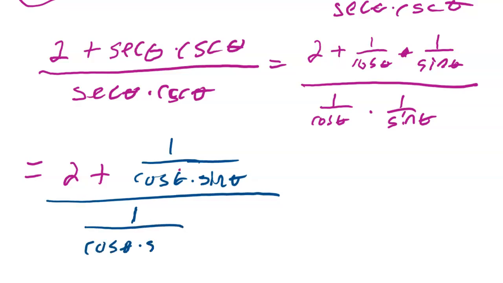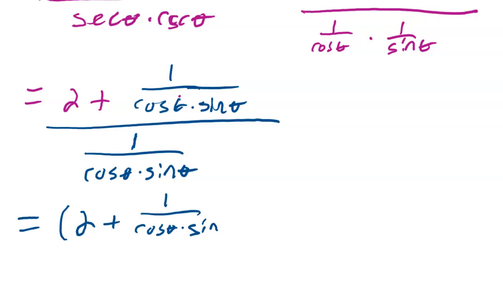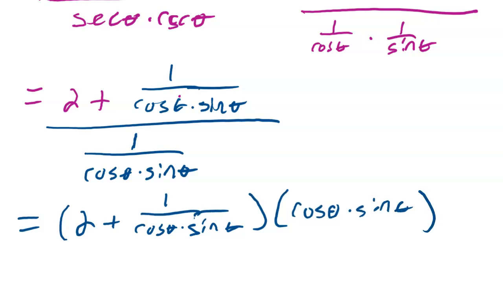I imagine some people would skip that step. And then I'm going to multiply by the reciprocal, cosine theta times sine theta, and then I distribute to each term. I'm probably doing too many steps here.